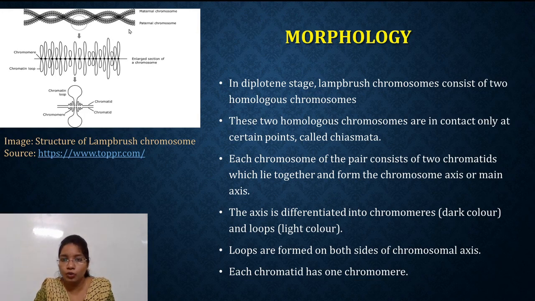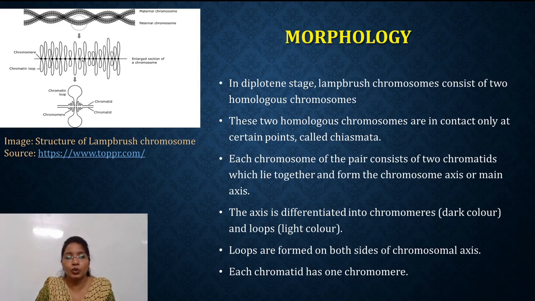Now each chromosome of this pair consists of two chromatids which lie together and form a chromosome axis or main axis. Okay, the axis is differentiated into chromomeres. So these are dark in color and these are the loops. Loops are lighter in color.